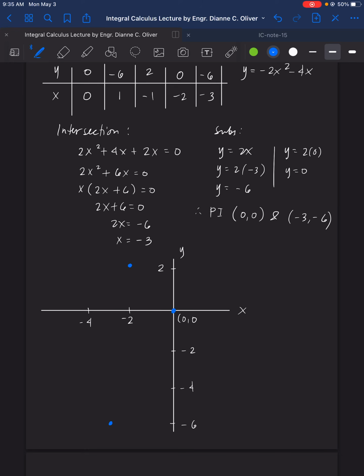Then we have y is equal to 0 at x negative 2. So we have the curve pointing this way.